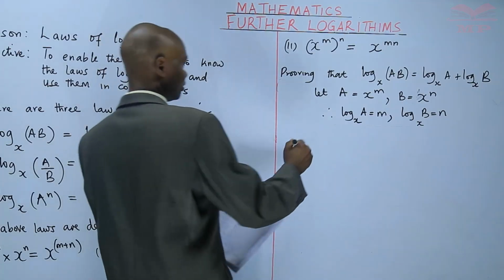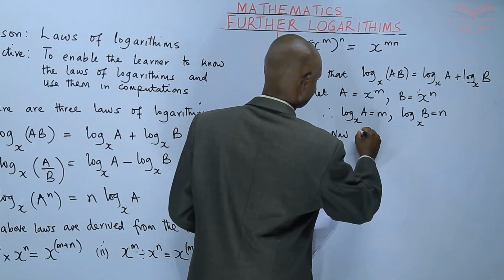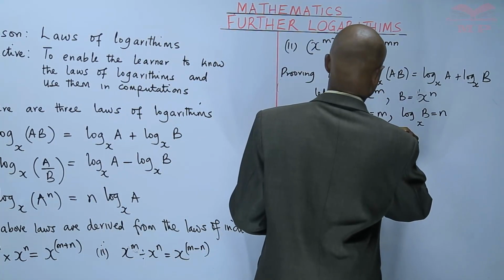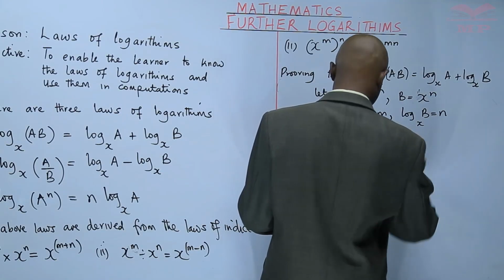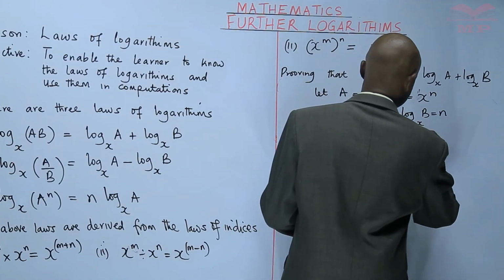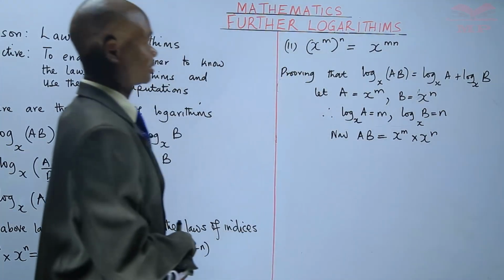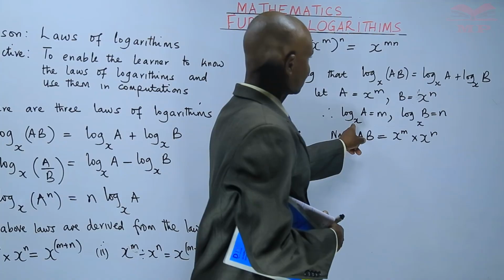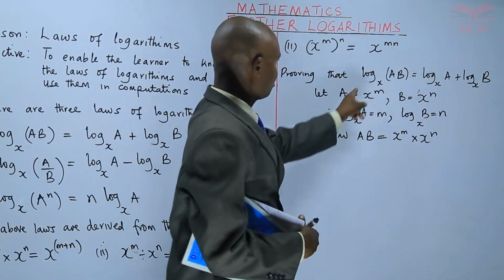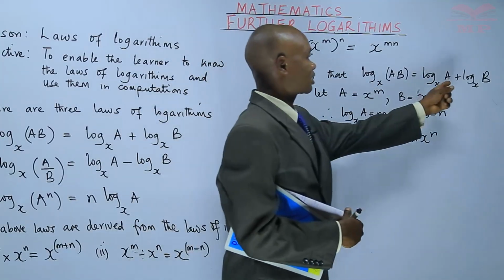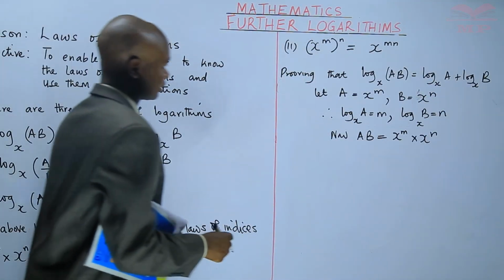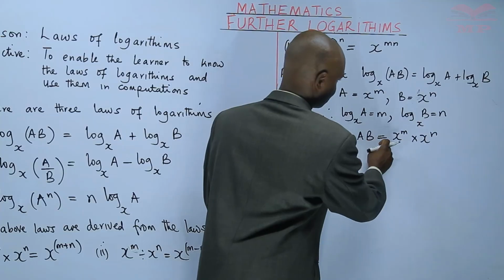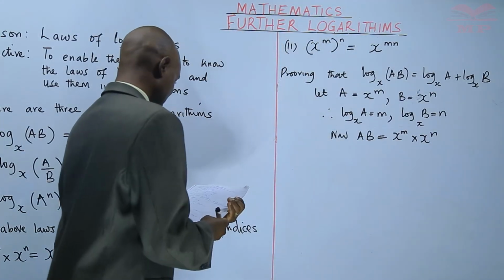So from there, ab is equal to x raised to m times x raised to n, because you have substituted here. When you have multiplication in logarithms, it is addition.